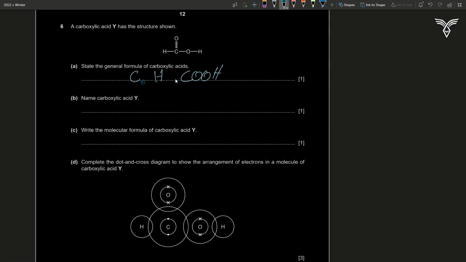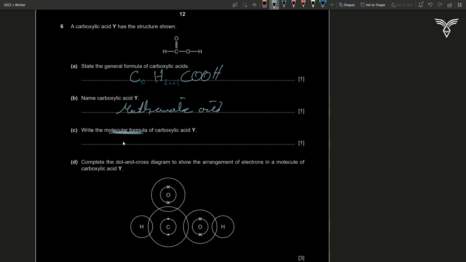N. يعني you decide the carbon chain بقى. وعندنا كام هيدروجين؟ 2N plus 1. جميل زي الفل. name carboxylic acid Y. carboxylic acid Y فيه 1 كربون يبقى ميث. وايه السفكس بتاعت الكربوكسيليك اسيد؟ بتبقى انويك اسيد، so ميث انويك acid.